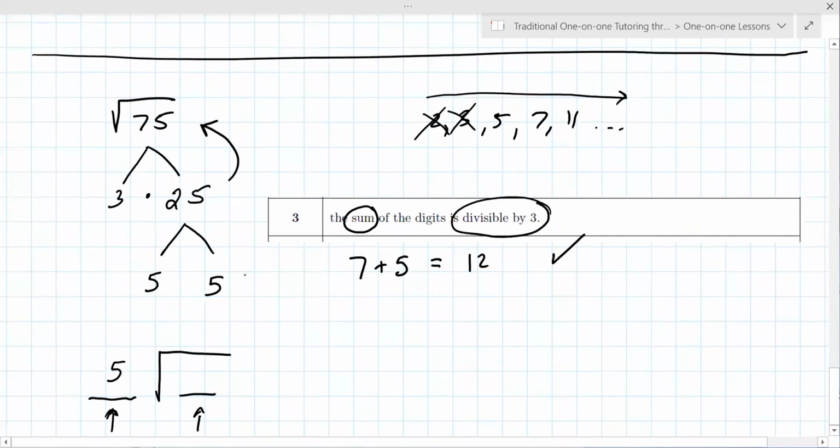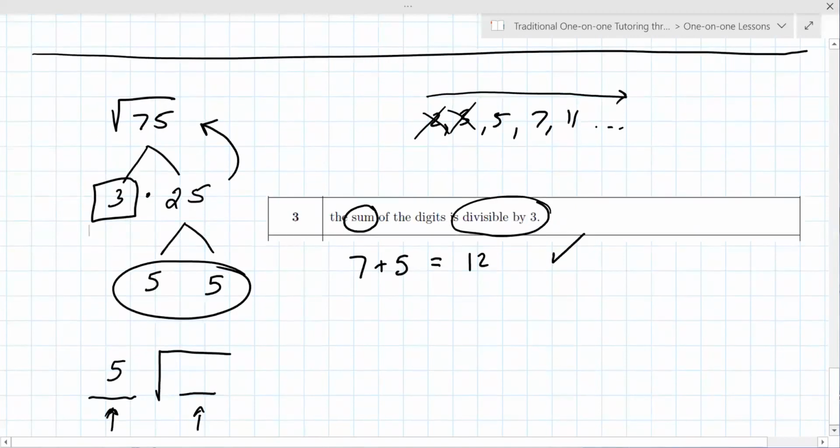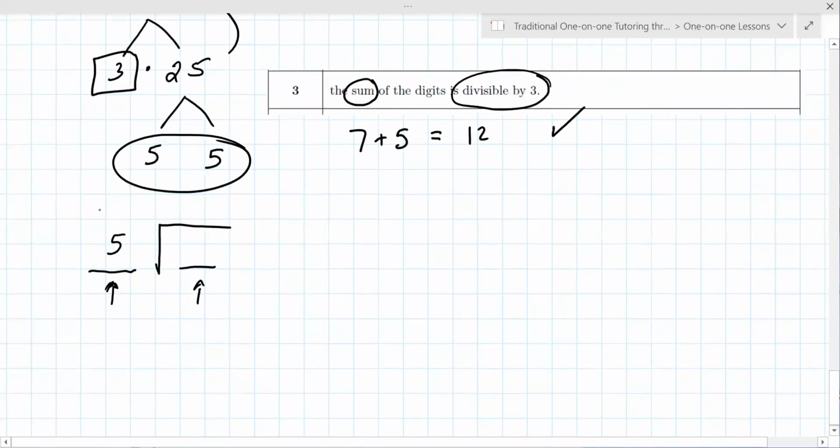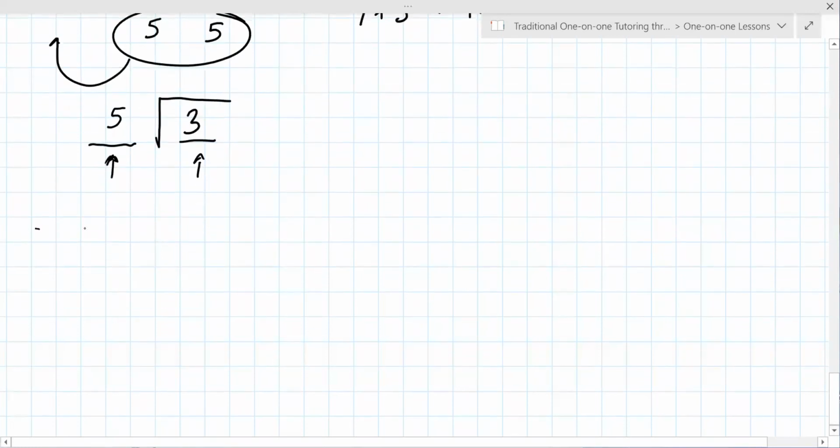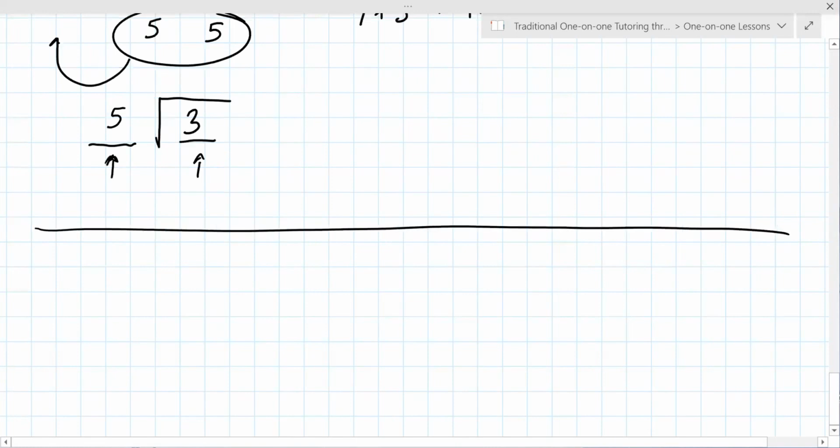So here, this is the pair. What is the leftover? The leftover for this is 3. Yes. Okay. All right. Let's look at another example here.